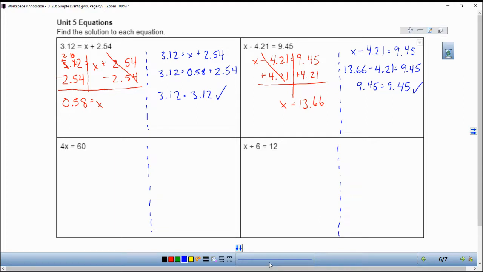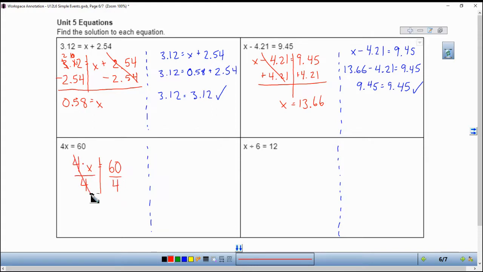There you go. All right, this one's a little different. This is not adding or subtracting. So we have 4 times x equals 60. Same type of procedure, though. We're going to do a wall. How do we get rid of times x? We're going to divide by 4 using a fraction on both sides.